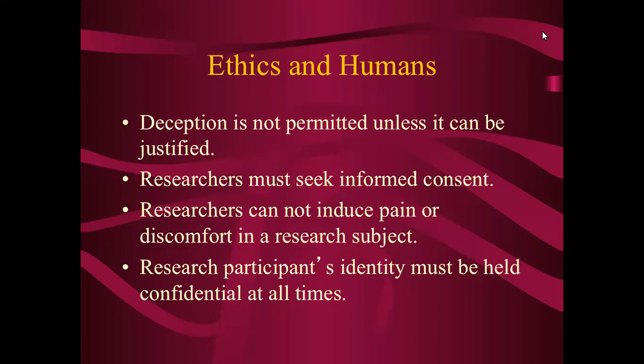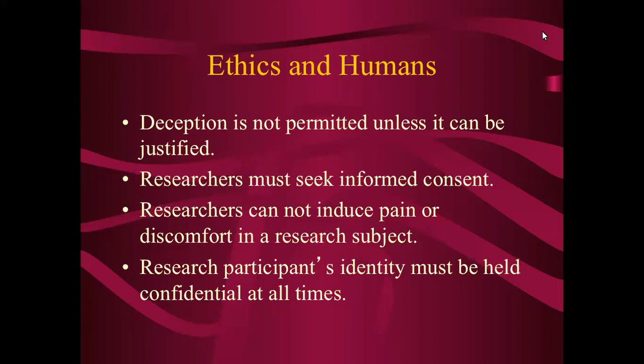So when it comes to children, we have to get both the parent and the child's approval for them to participate in the research. What happens if the parent wants the child to participate, but the child doesn't want to participate? Well, guess what? Can't use that child.